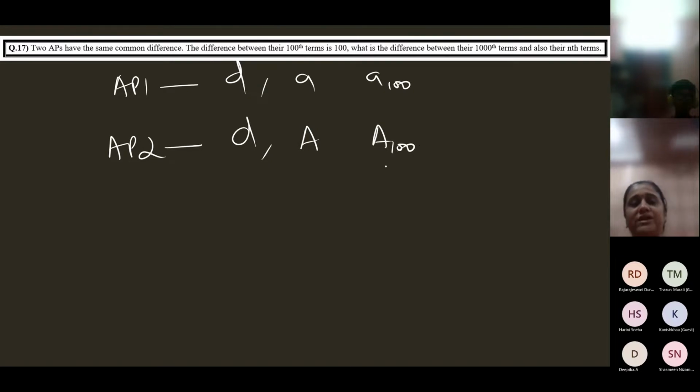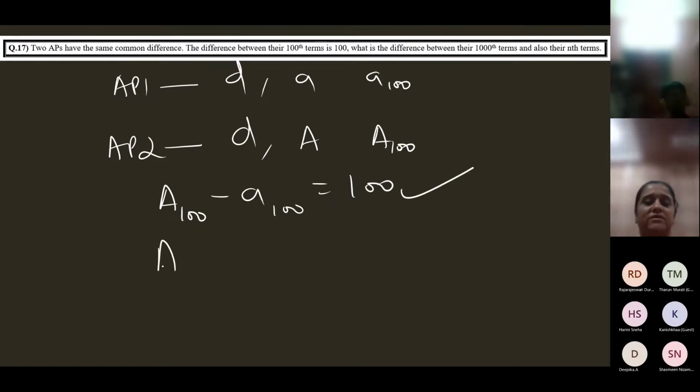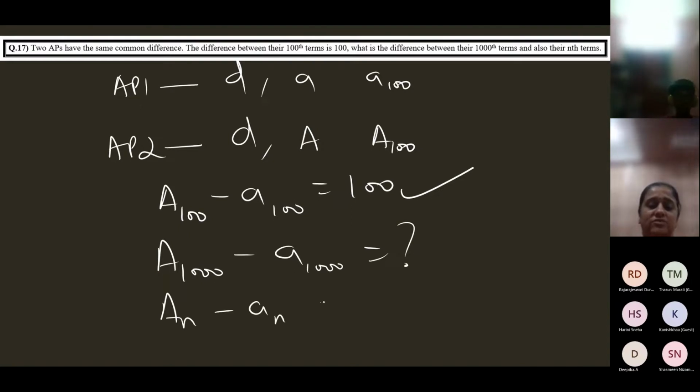The difference between their 100th terms is 100, and you can take it in either order, because it's not specific. This is given. You must find the difference between their 1000th terms, and you should also find the difference between their nth terms.